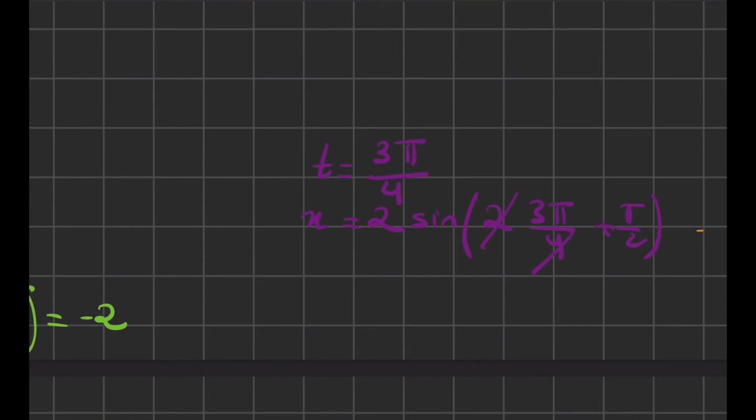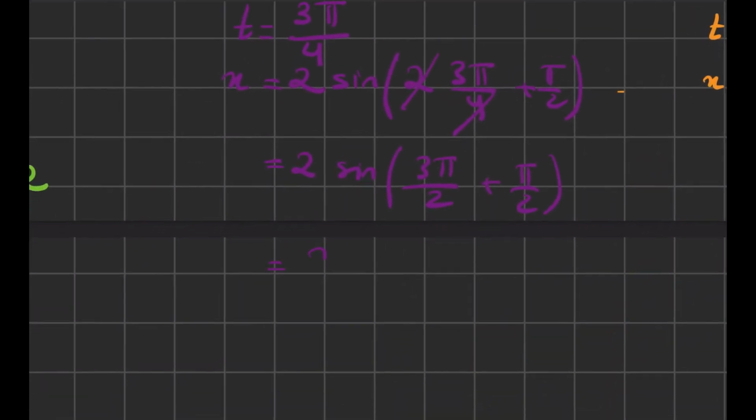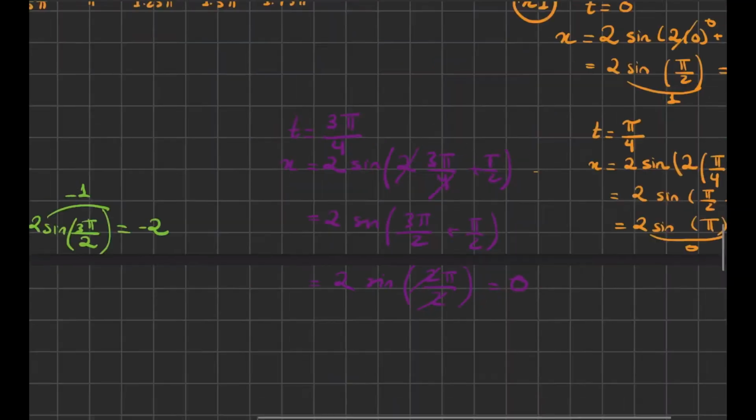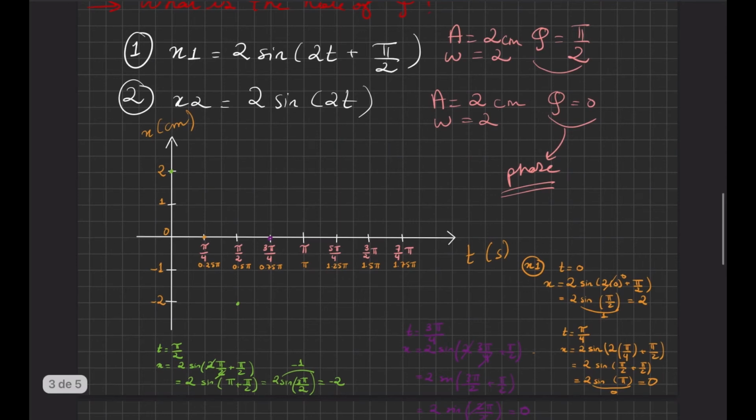That gives 3 pi over 2 plus pi over 2, so 2 sine 2 pi, which is 0. So here, 0.